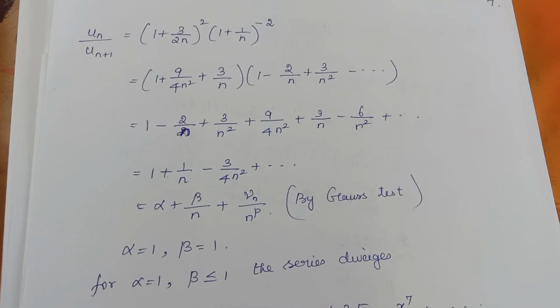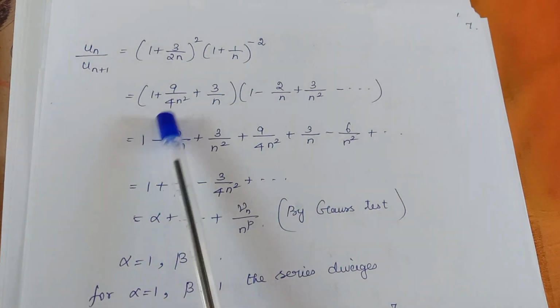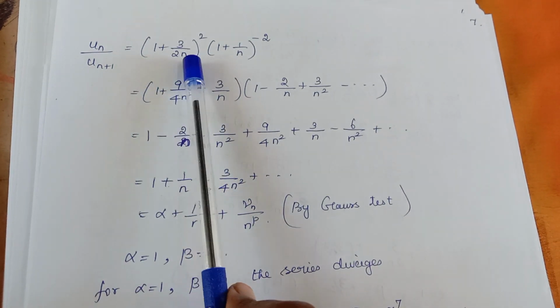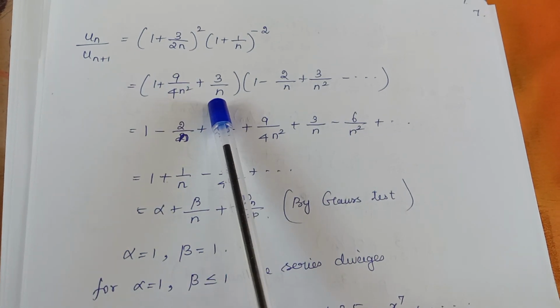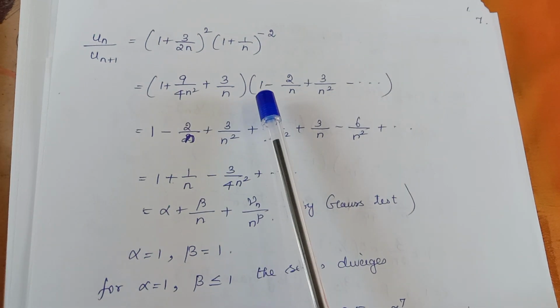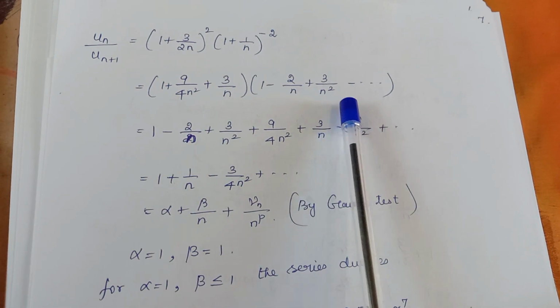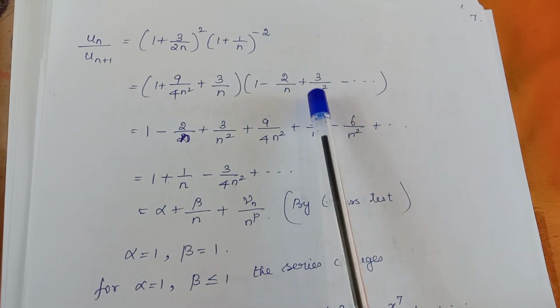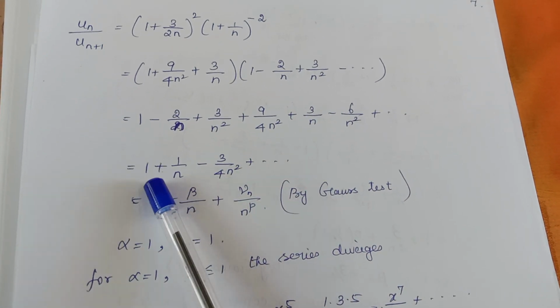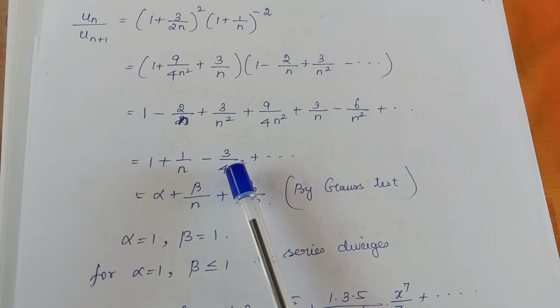So let me try Gauss test. Okay, so for that let me rewrite un by un plus 1 using binomial expansion. Here 1 plus, this is like a plus b the whole square, no? So you write the expansion. This is like 1 plus x the whole power minus n. So what's the formula? 1 minus 2x plus 3x square minus 4x cube etc. Okay, now you collect the terms. Only you write constant, terms containing 1 by n and 1 by n square.